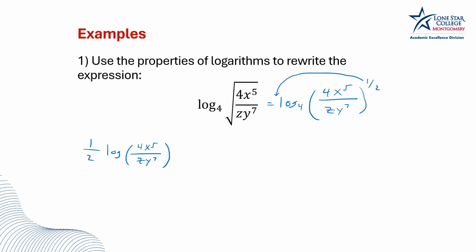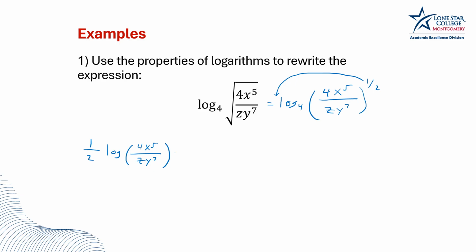So now we look at what we have on the inside here. We have 4x to the 5th divided by z times y to the 7th. That division is a quotient, so we can apply the quotient property. The quotient property states if we have something divided by something, we can split it as log of the top minus log of the bottom.